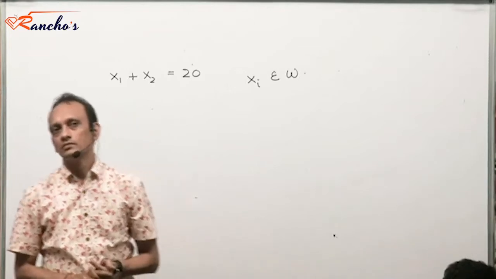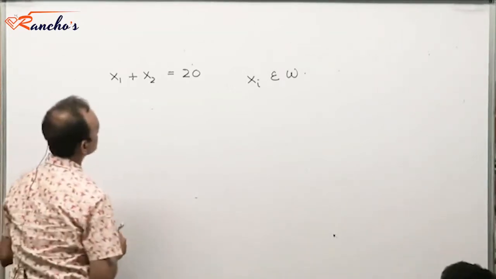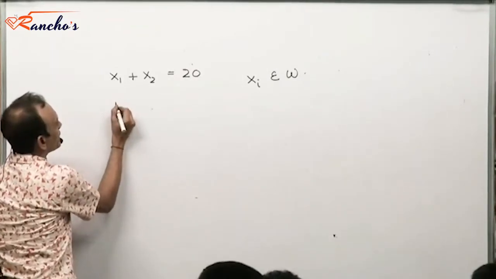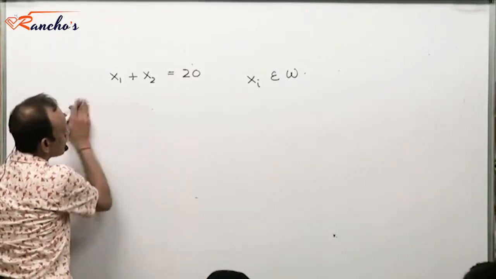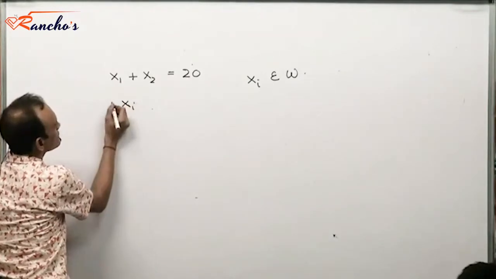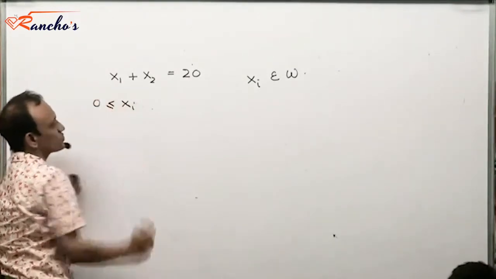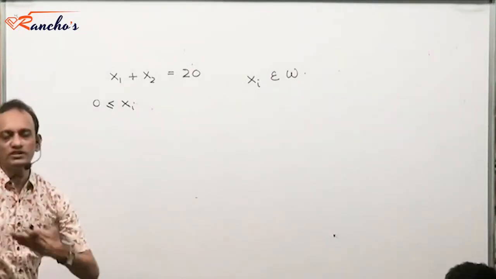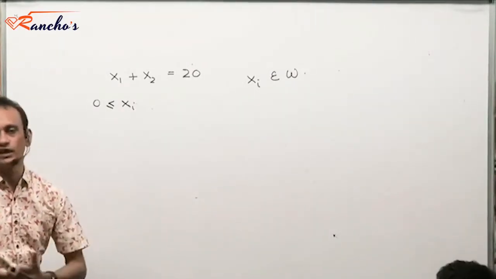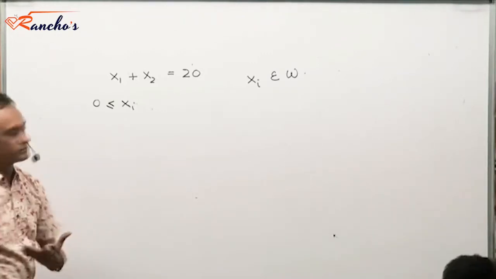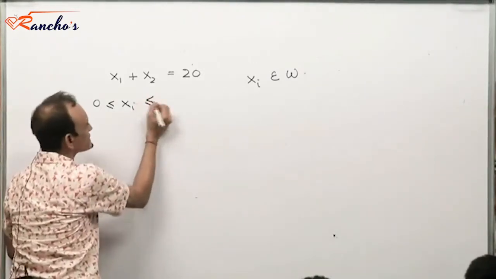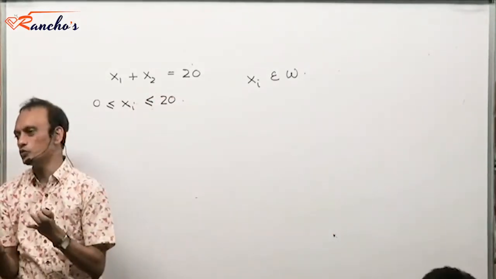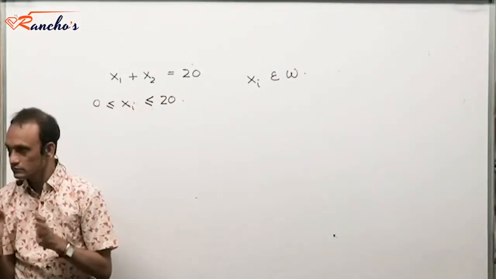So, essentially then, in this case, an xi is a whole number, so it could start with 0 and obviously cannot exceed 20, right? So each of these xi's will lie between 0 and 20. They can assume values like 0, 1, 2, 3 up to 20.